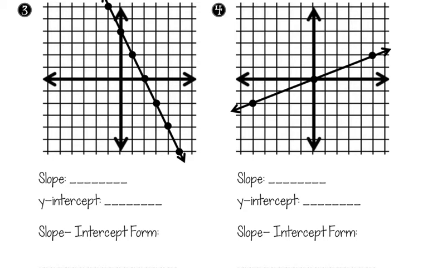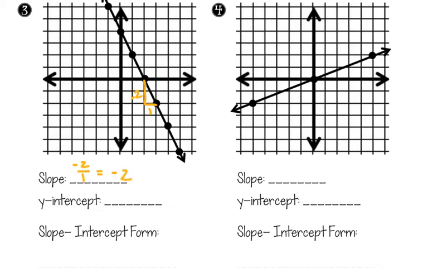Okay, let's try a couple more. All right, so first need to find my slope. You can choose any 2 points on the graph. Okay, so I see I'm going to go down 2, so that's a -2 and over 1. So this becomes -2 over 1 is my slope. That's the same thing as saying -2.